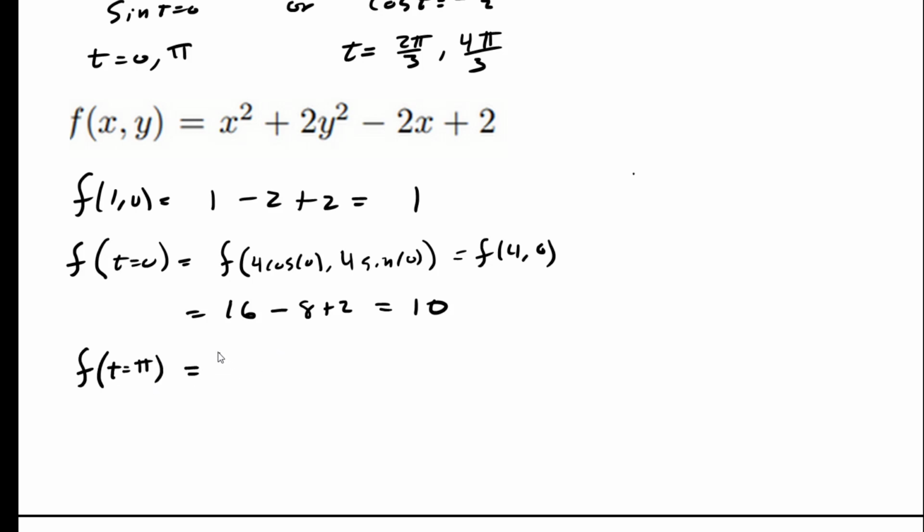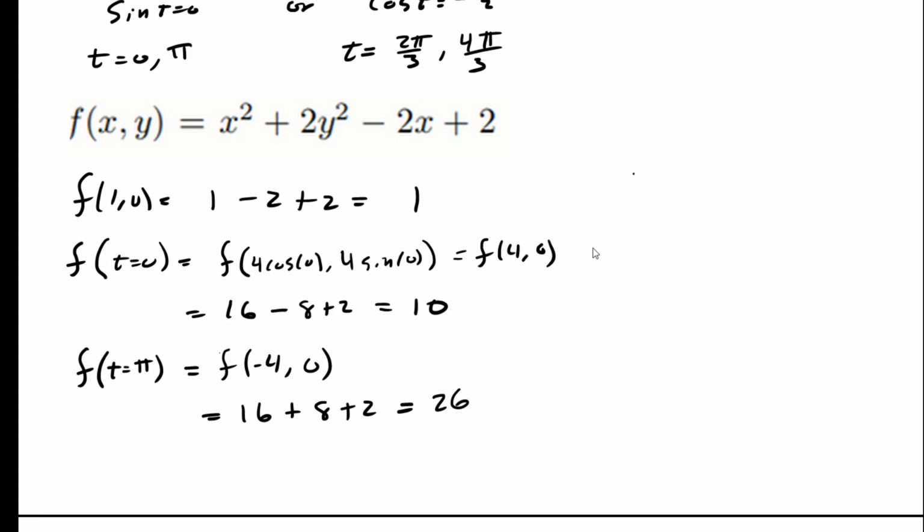So at pi, we're going to have f of (minus 4, 0), which is still going to be 16. It's going to be plus 8 plus 2, which is 26. All right, so that's the maximum so far.